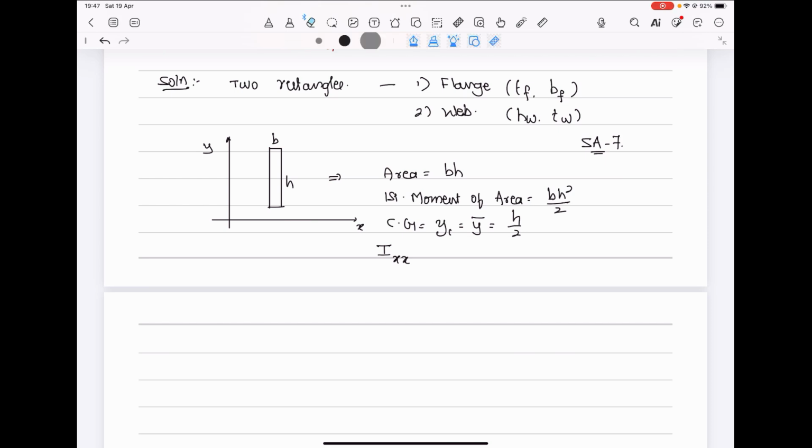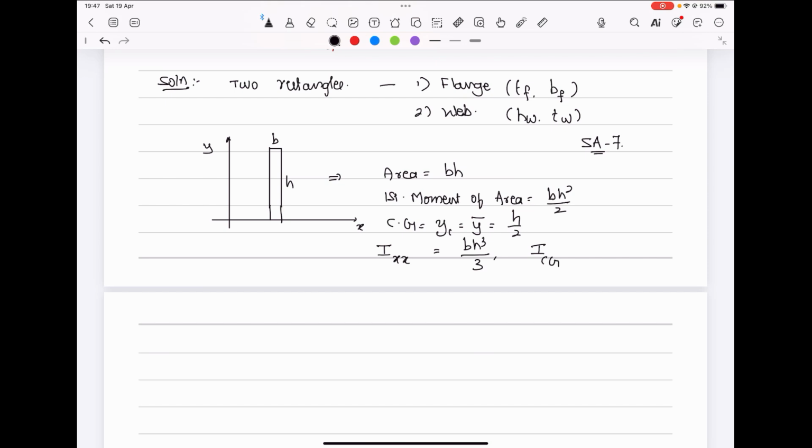For example, here, let me extend this up to this. IXX is equal to BH cube by, what is the IXX value? BH cube by 3.